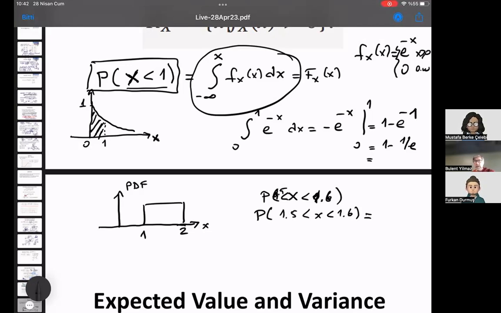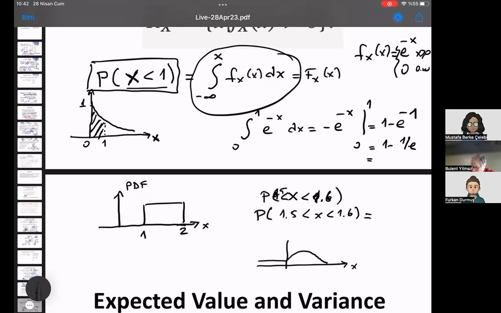Arkadaşlar, yes, Mustafa Berke. Hocam, I want to have something more. Now, we are saying generally otherwise 0. Can we say otherwise minus 2? Is it possible? It is possible. For example, you might have such a PDF, for example.